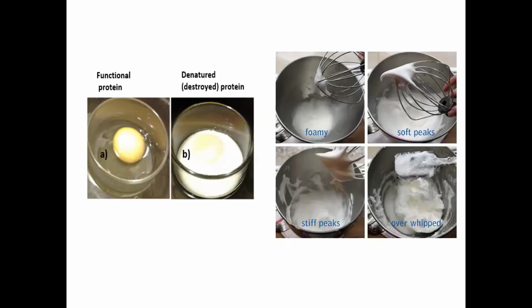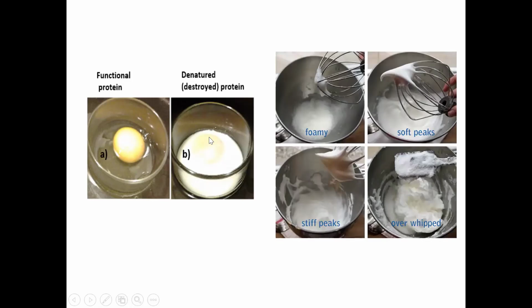Okay, we have this A and B, and we have a functional protein and a denatured or destroyed protein. You have A, because this is your egg, and when you heat it, what is happening?